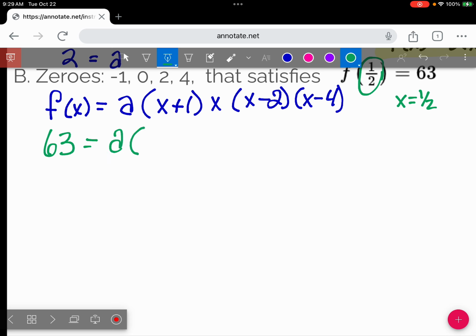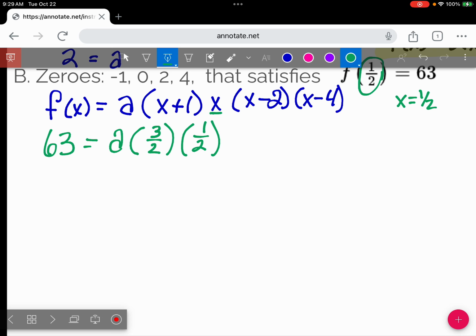And we can do this simplification here. We have 1/2 plus 1. What is 1/2 plus 1? 1.5 or 3/2. I like to do improper fractions simply because we're multiplying them all together. It's easier to do when they're improper fractions. So my plain x, that one's just going to be our 1/2 again. That's this guy here.